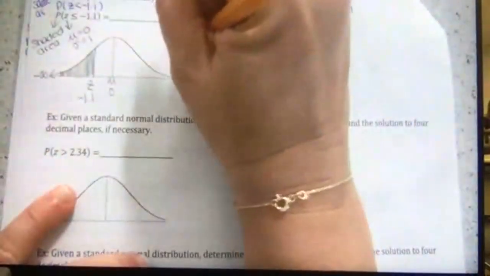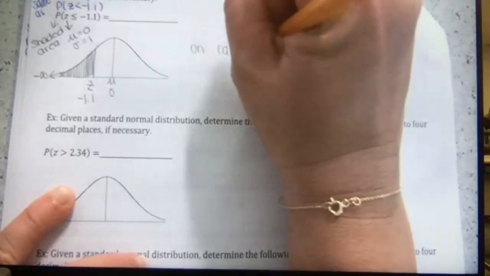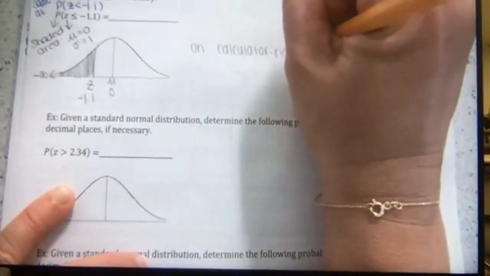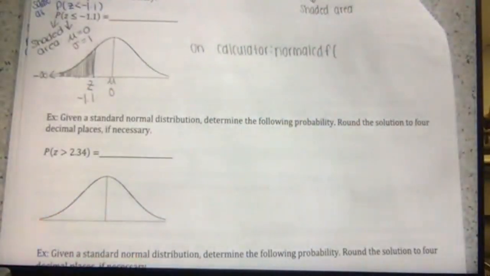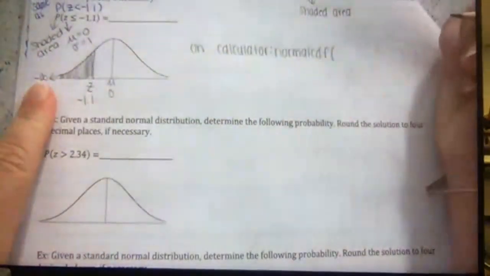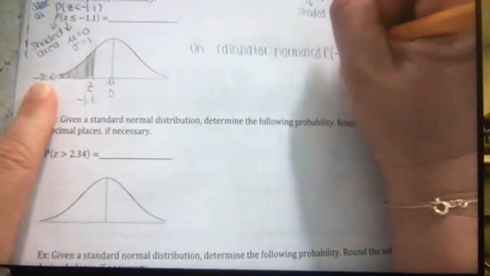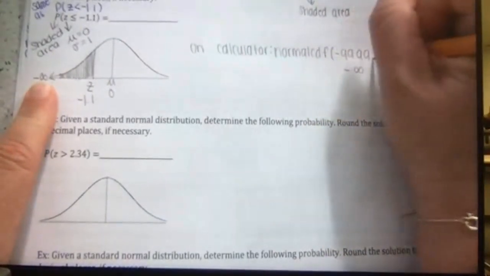So on our calculator, we're going to do normal CDF. Our lower limit is negative infinity. I can't plug negative infinity into my calculator, so I'm just going to do a super, super small number, negative 99999, to account for negative infinity.